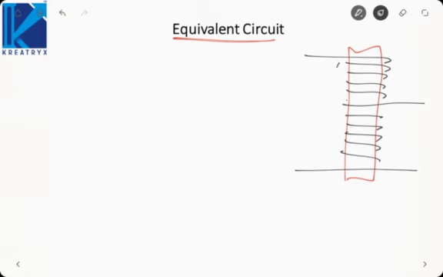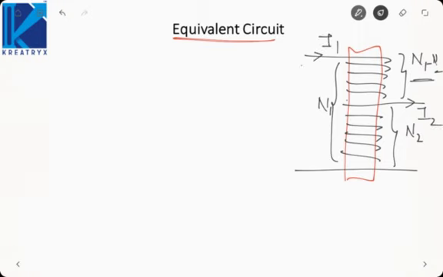Here we have N1 number of turns, here we have N2 number of turns. This is N1 minus N2. This current is I2, this current will be I1. Here the voltage applied would be V1.